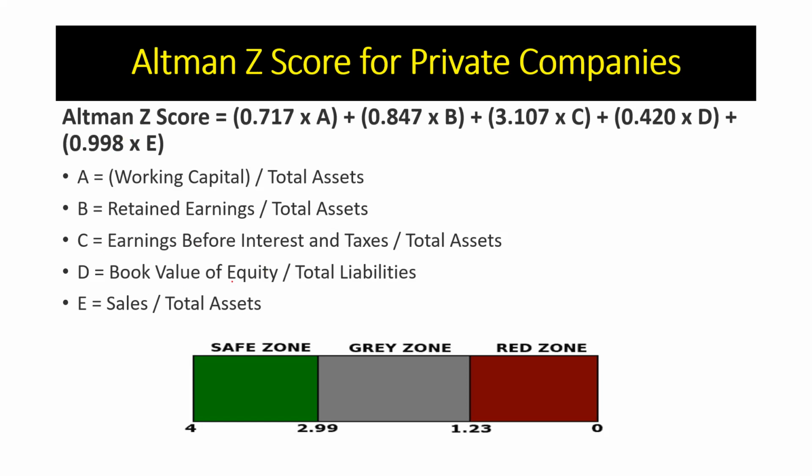Here there won't be any market capitalization value. So whatever the book value in the company's records, that you have to consider. This data won't be available in the public domain, so since they are your supplier, you have to discuss with them and get this data at the time of evaluation.